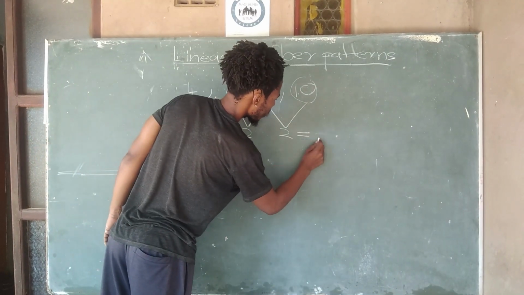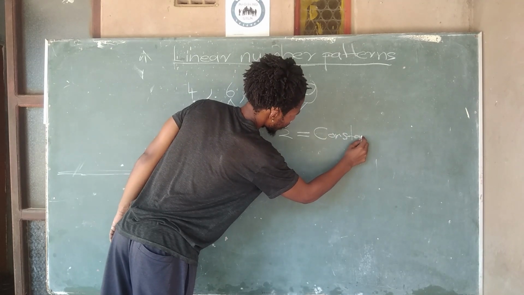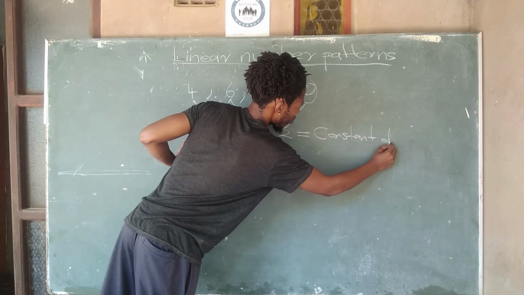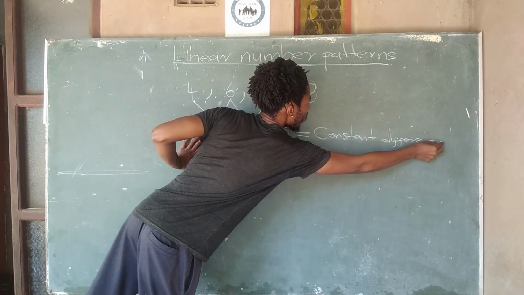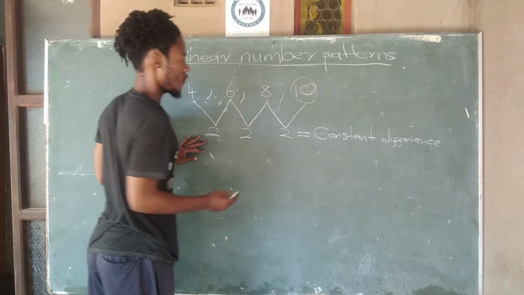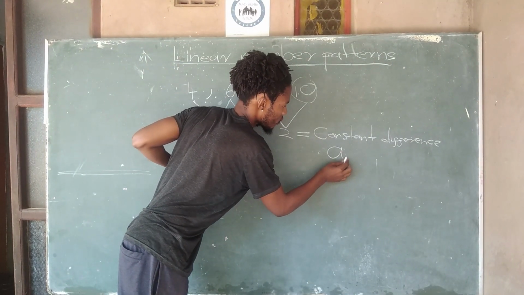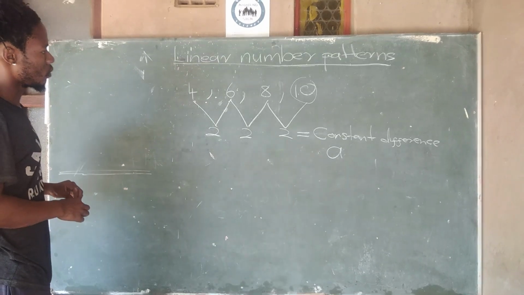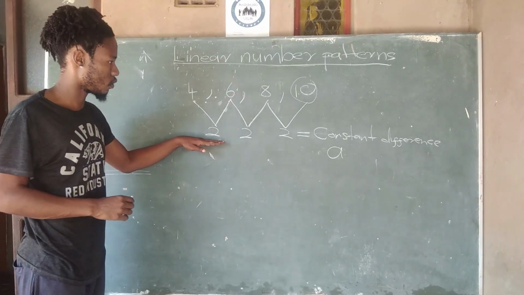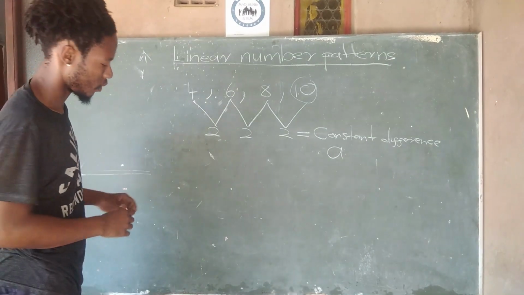So this is our common constant difference. In our formula, this stands for d, the constant difference. So we found our constant difference. It's 2.